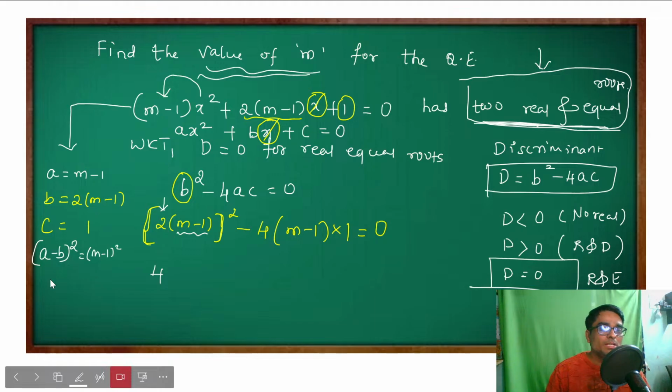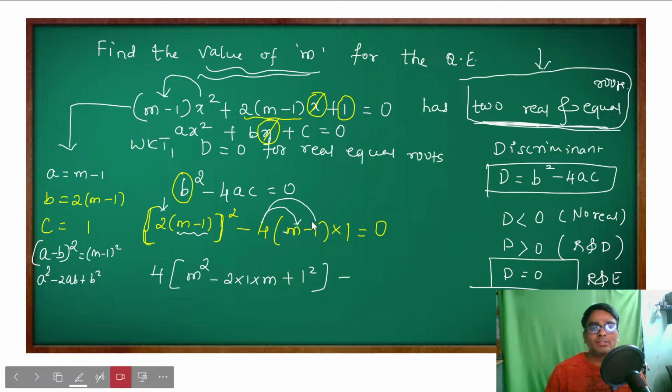So what is a minus b whole square? a square minus 2ab plus b square. So accordingly 4 into m square minus 2 into 1 into m plus 1 square. This much we'll get. Now let's multiply this 4 to both of these inside: 4m minus 4 equal to 0.